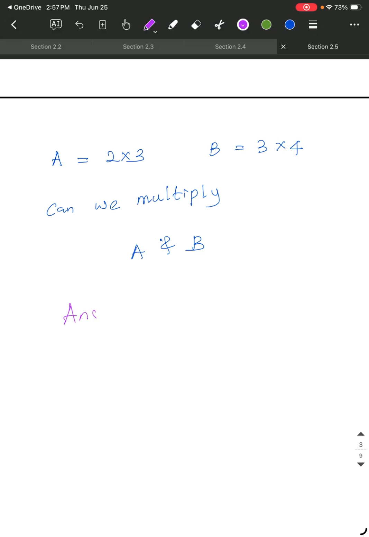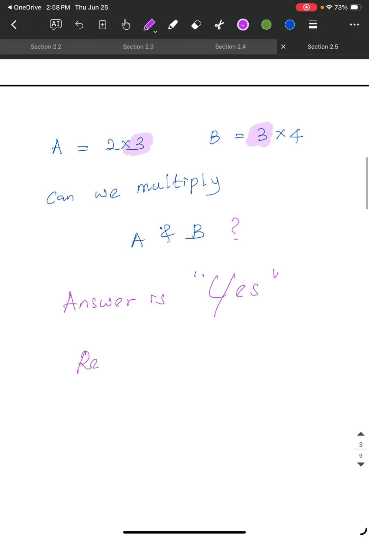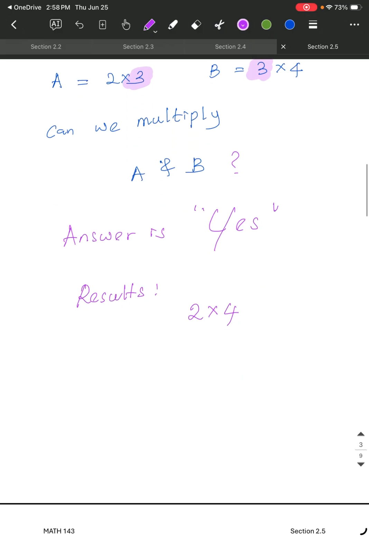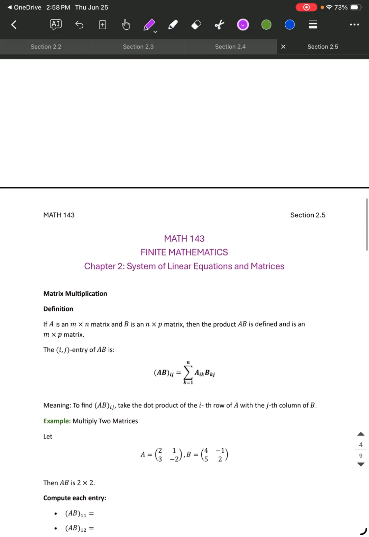The answer is yes, because the inside values, that means the number of columns of the first matrix A and the number of rows of B, are equal. So the result would give us a 2 by 4 matrix.